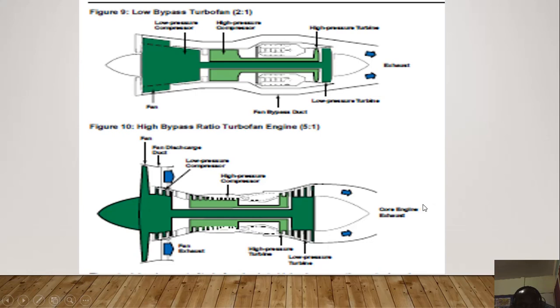Then we see the cone engine exhaust. So we can see this is where our bypass is, and we have a high bypass. Actually, there is a lot of air that goes through the bypass as compared to the air that goes through the normal path for the air.